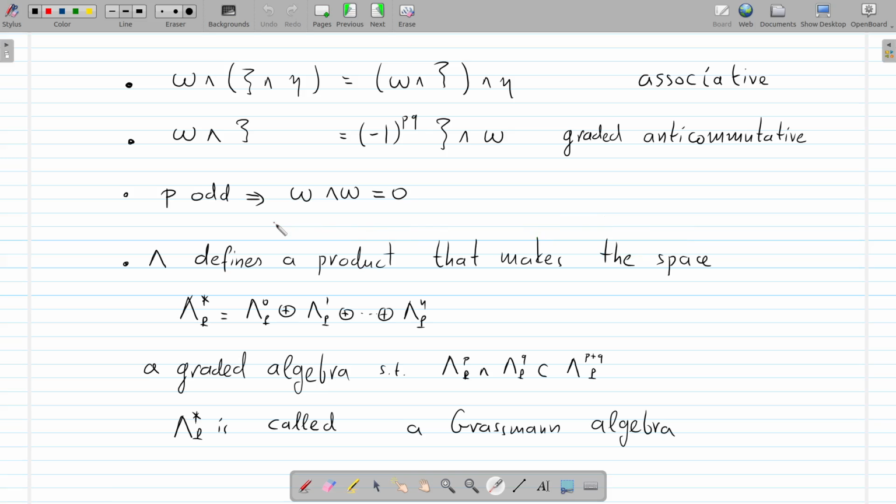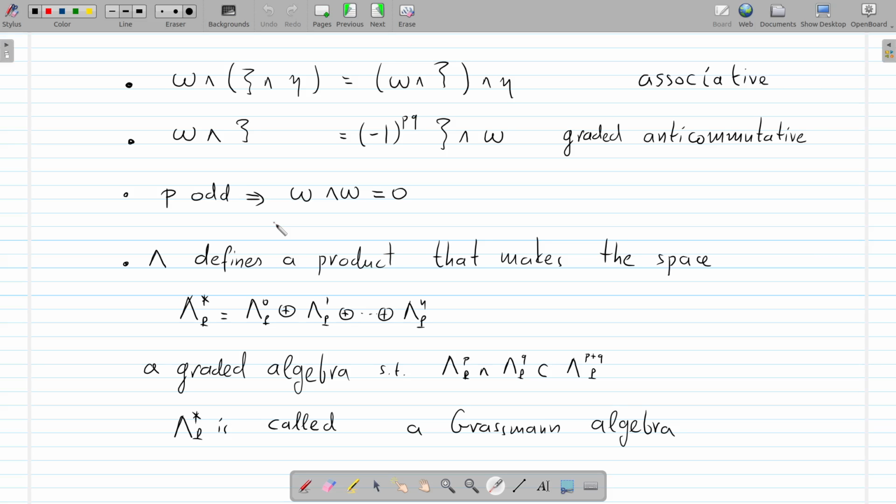So we see that the wedge product has the property that takes us from two forms, one could be a p form, another being a q form, and gives us a form of higher degree.